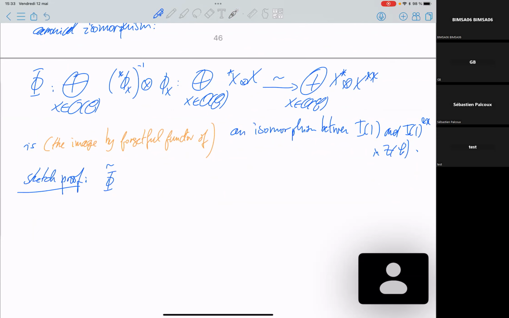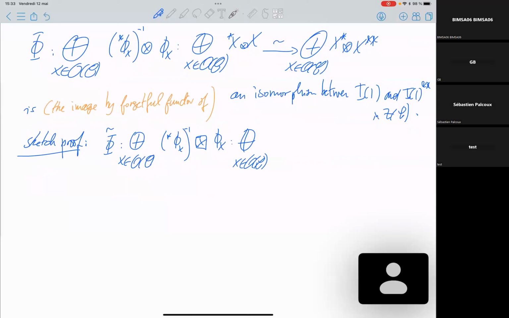Consider this isomorphism, but in the Deligne product between C and C^op: sum over X of left dual Deligne product to right left dual.